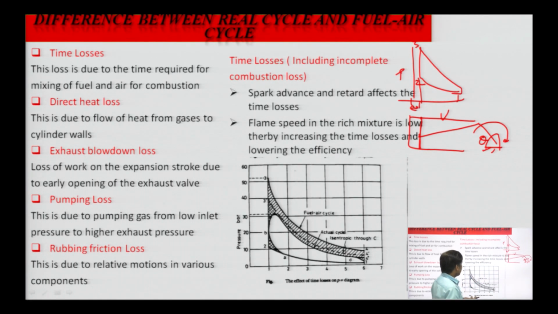So, the combustion will not take place at constant volume, it will have some movement. The combustion process is not at constant volume, the crank is moving continuously, that is why this loss is called time loss.